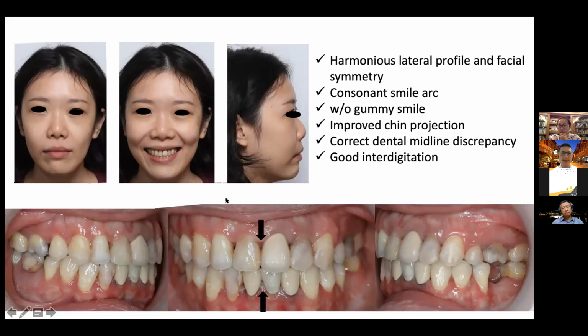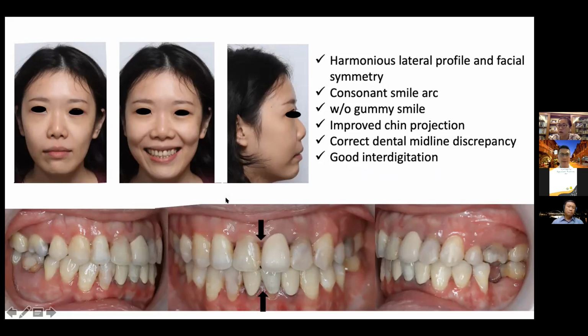On stability, if the patient has a moderate skeletal discrepancy and receives OGS treatment, I think OGS will be more stable than the camouflage treatment.